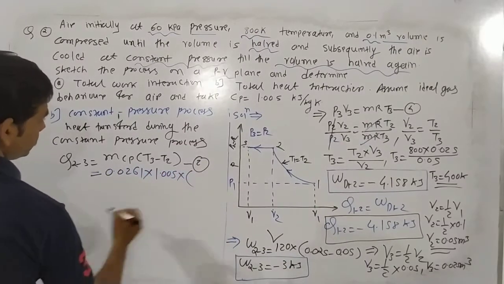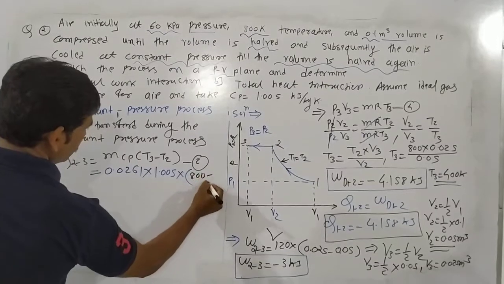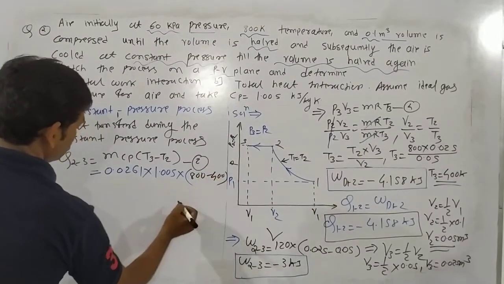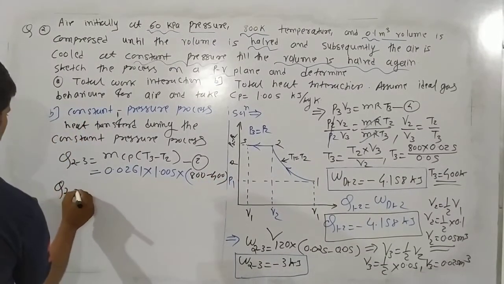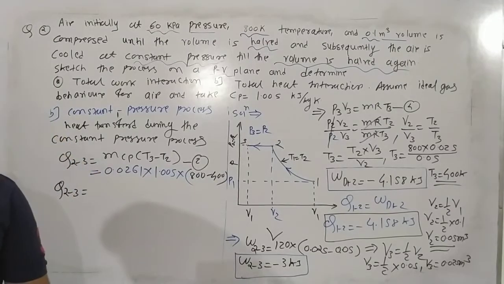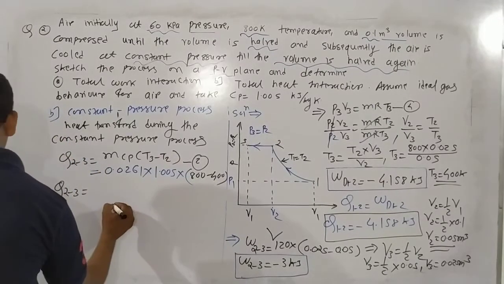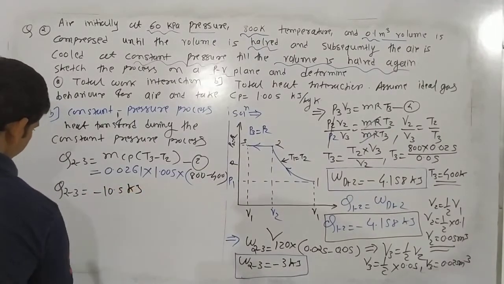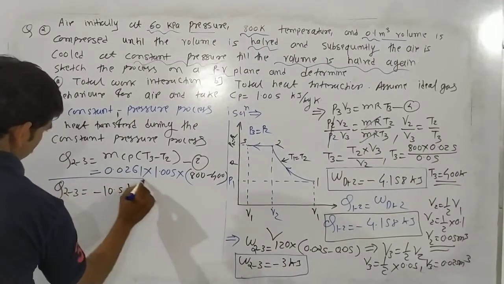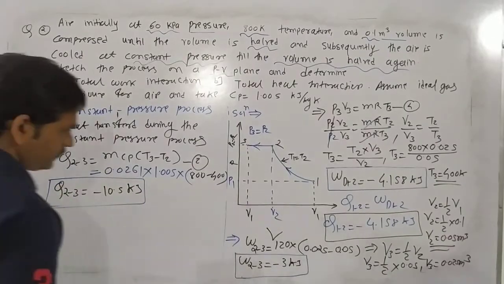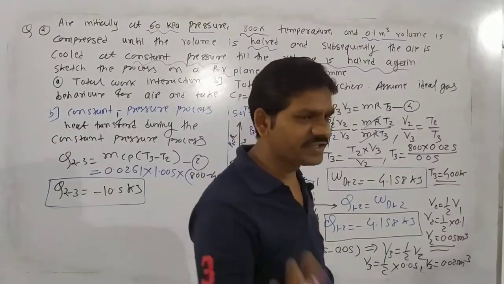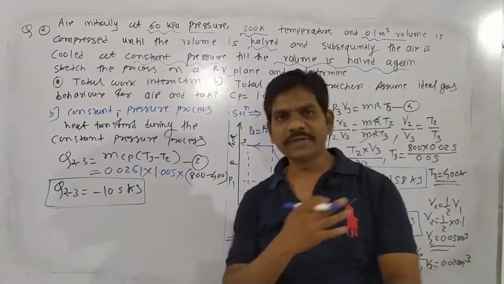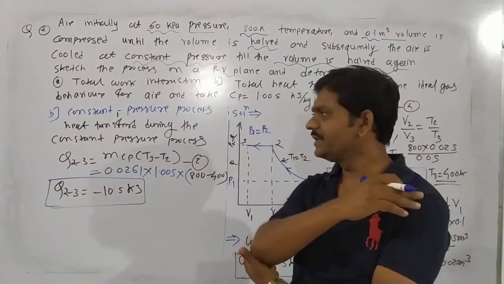In bracket, T3 minus T2 is 400 minus 800. Do the calculations. Q2-3 is how much? It is minus 10.5 kilojoules. Minus sign means heat is rejected from the system. So because of the heat rejection, the temperature decreases.